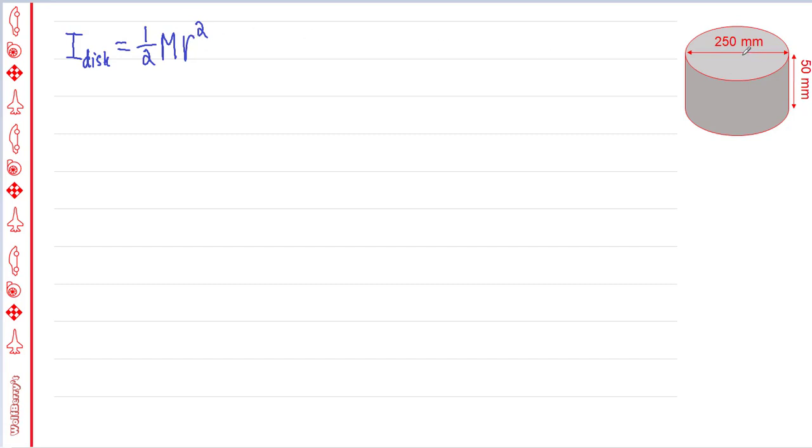We have the radius of the disk, it's half the diameter, 125 millimeters, but we need to find the mass. In order to do that, I'm going to use the following equation. M equals rho V, where rho is the density of the material, which we have in the question, and V is the volume.